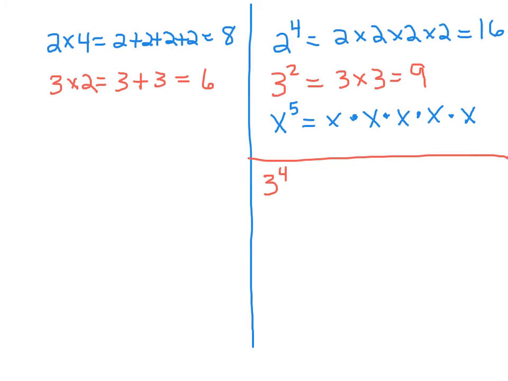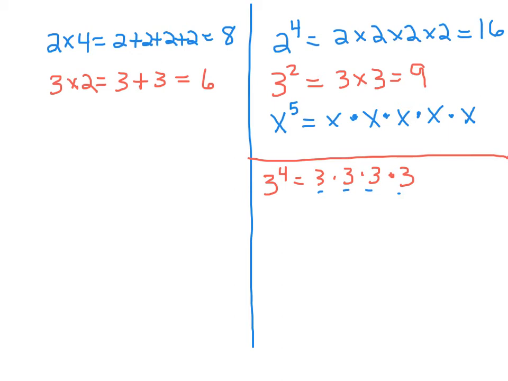So now let's look at 3 to the fourth power. What does it mean? It means 3 times 3 times 3 times 3. So how do we calculate that? Some people look at it and they say 3 times 3 is 9, 9 times 3 is 27, and they go 27 times 3, and then they kind of get stuck.